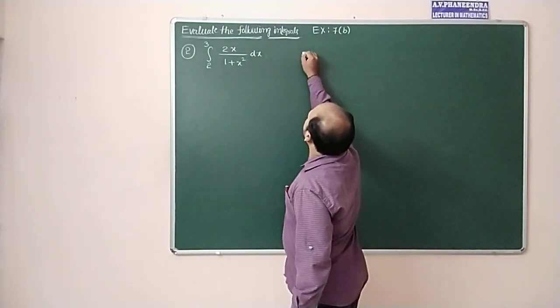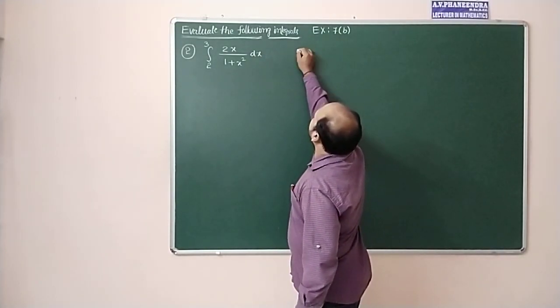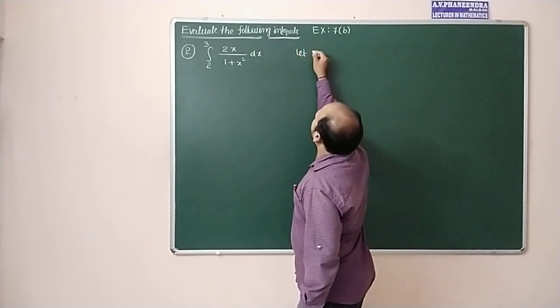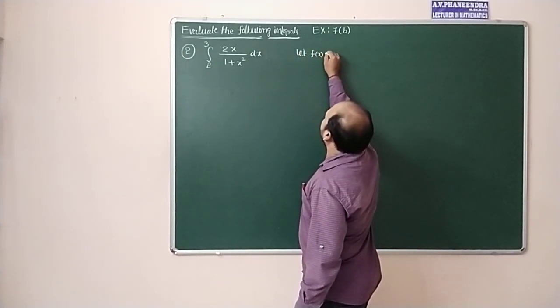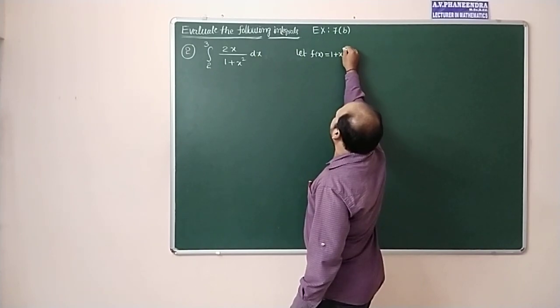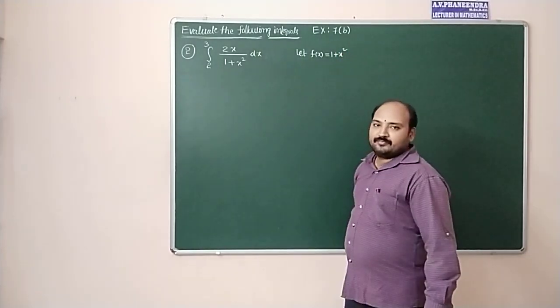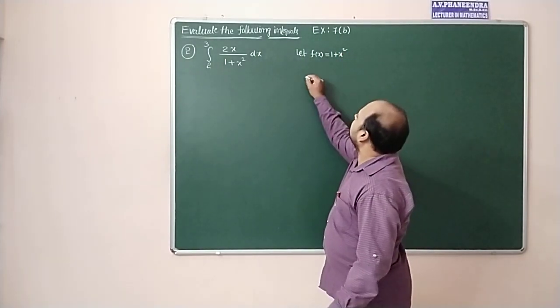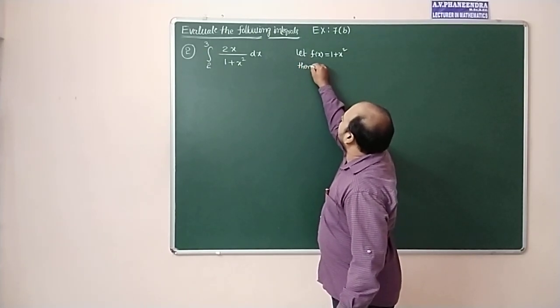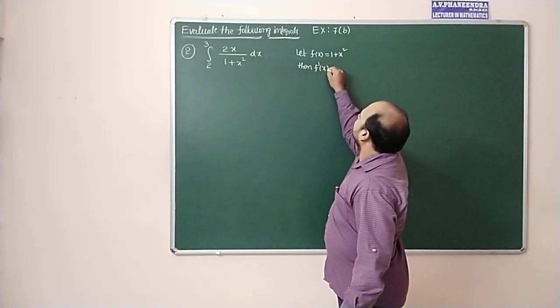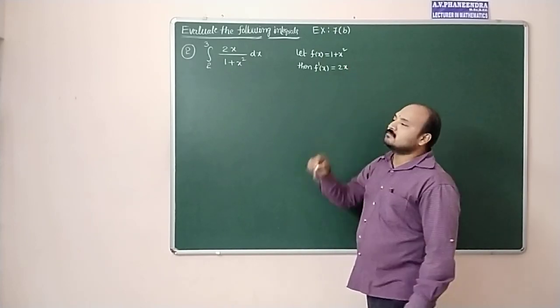Here, let f of x equal 1 plus x square. If you assume this value, then the derivative of this function is f dash of x equal to 2x.